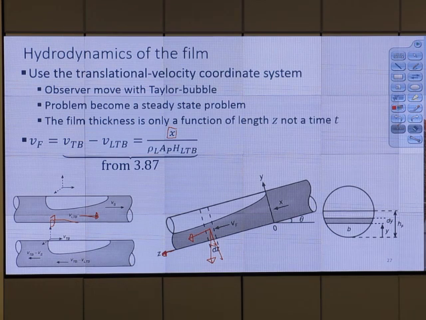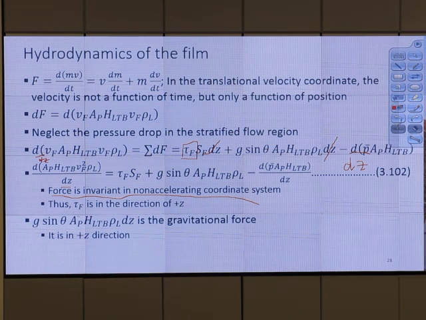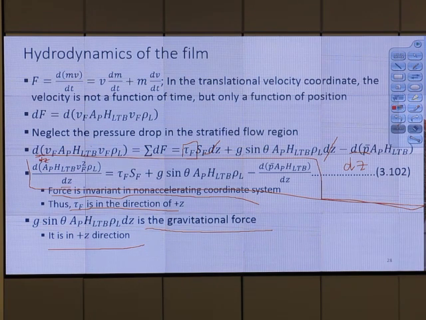Tau F moving backward in stationary observer and also true in moving observer. So for this case, tau F is in the direction of plus Z. So if you want to know the film height, we do the force balance like that. So G sine theta, the gravitational force, is in the positive Z direction or moving backward. So this equation is correct because not only is it the same in the book, but I give you the explanation, right? Alright.